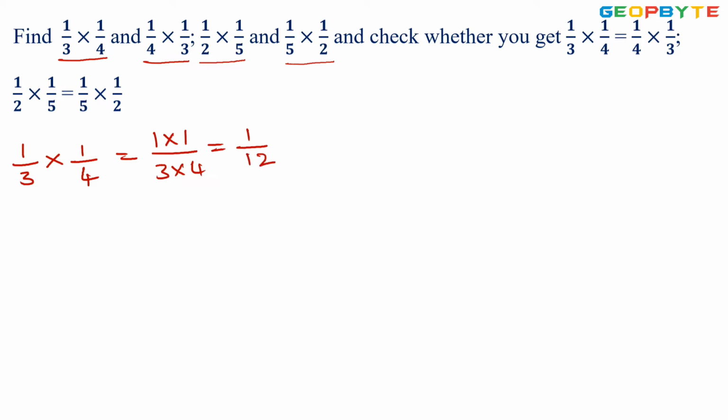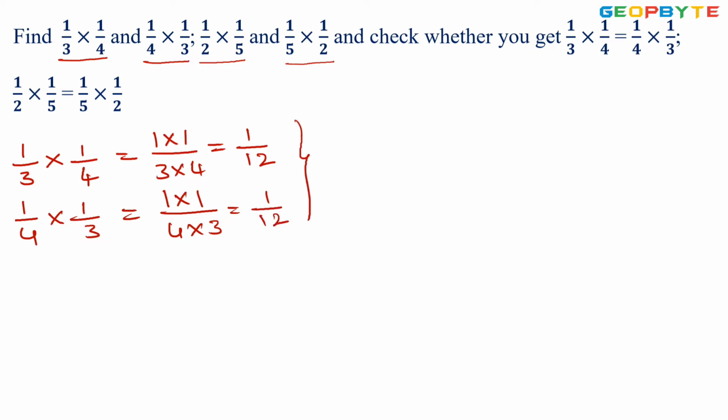Next one is 1 by 4 into 1 by 3, which is equal to product of numerators 1 into 1 by product of denominators. Denominators are 4 and 3, right? 4 into 3, which is equal to 1 by 12.